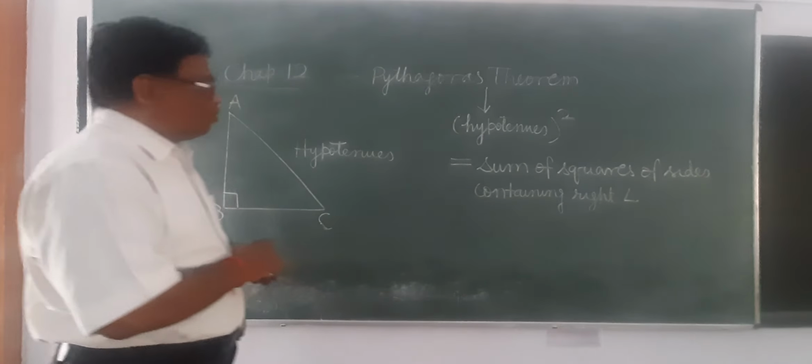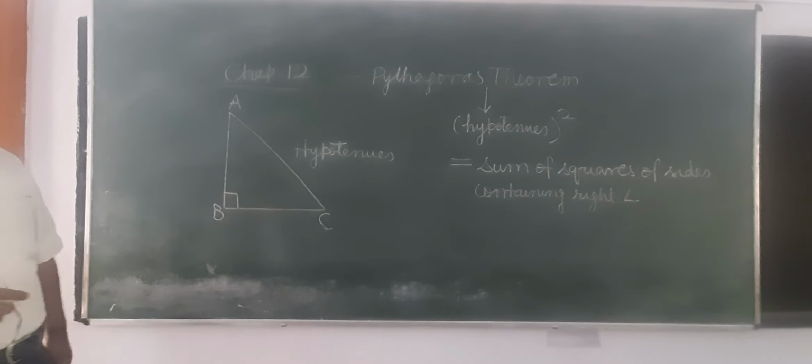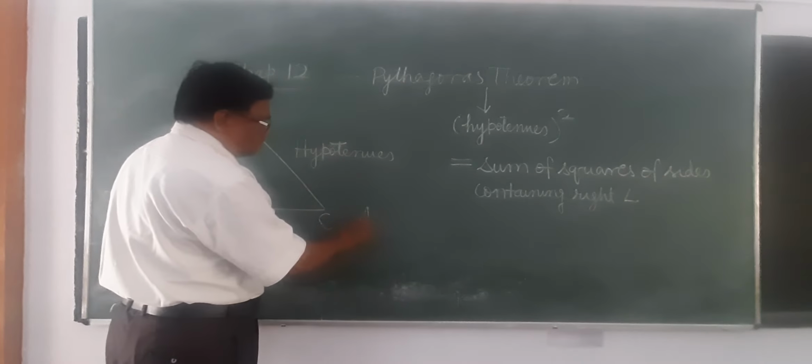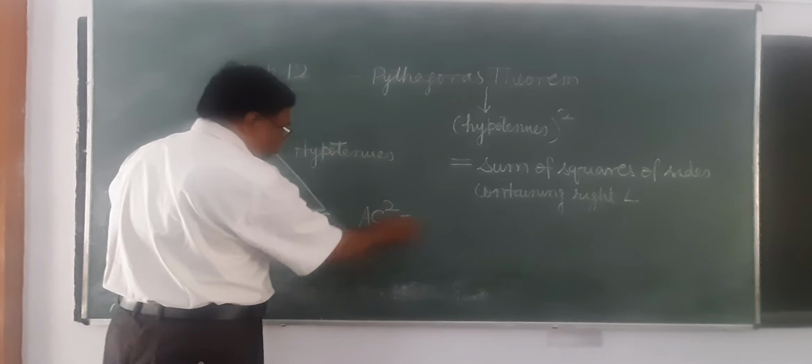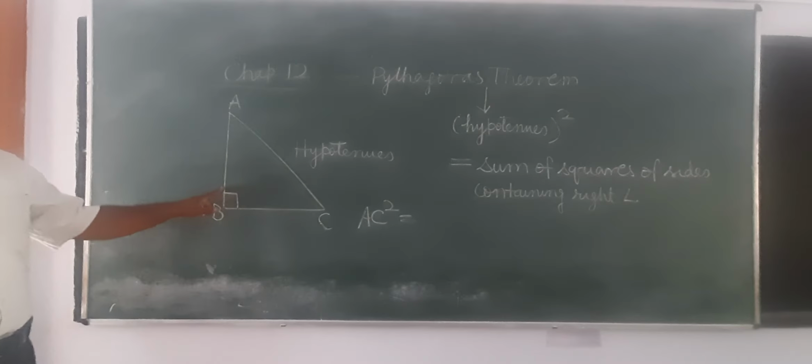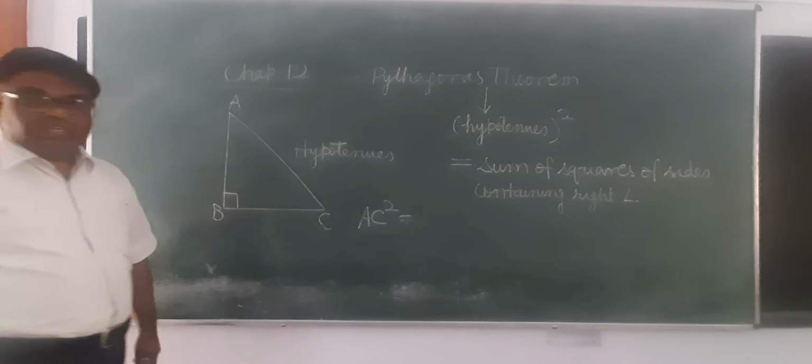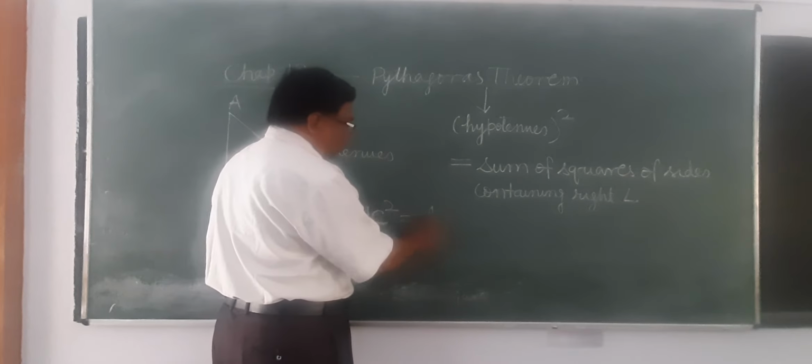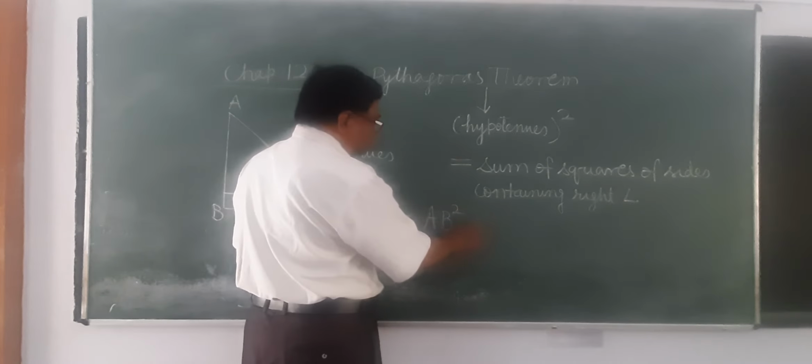Now see here. What is hypotenuse here? AC. Means AC square is equal to AB square plus BC square, since the right angle is contained by AB and BC.